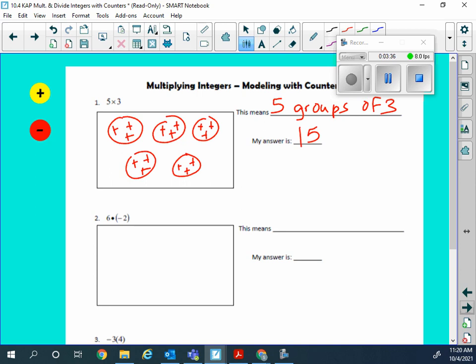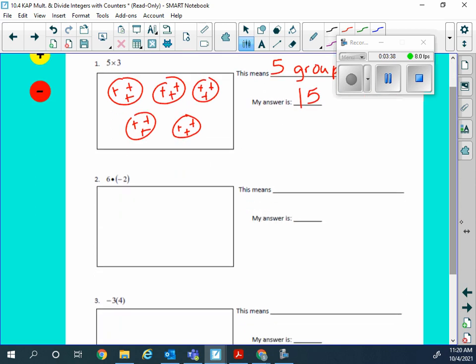Now we're getting a little bit more advanced. Does everyone know that that dot sitting right there means multiplication? Yes. Okay. So how else besides 6 times -2, what else could I say? 6 times negative 2. Perfect.